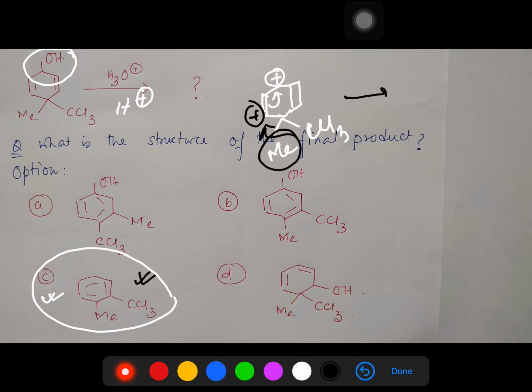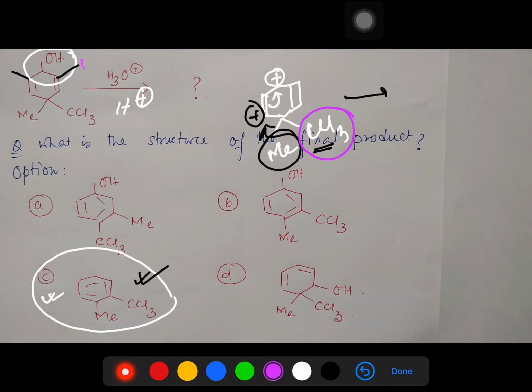Or another thing, for example, I have given a very easy example. Instead of that, if I had given something a little complicated, for example two substituents here and here, or one substituent, you must be careful, because in this case if by mistake you show that CCl3 is migrating, you will end up with the same result, but in that case the result will not be the same.